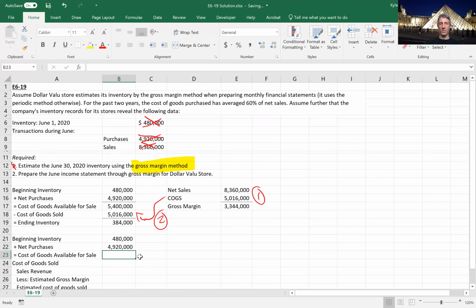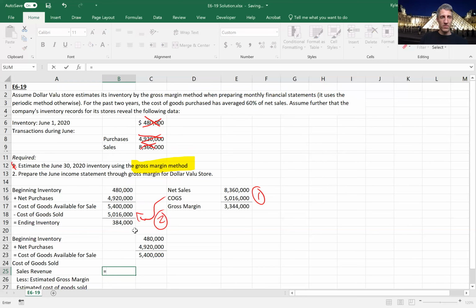When you add what you had plus what you bought, the 5.4 million is what you could sell to customers. Now, to make our template a little bit cleaner, I should put this over here, so my apologies about that. Now, sales revenue tells us in the question was $8.3 million.